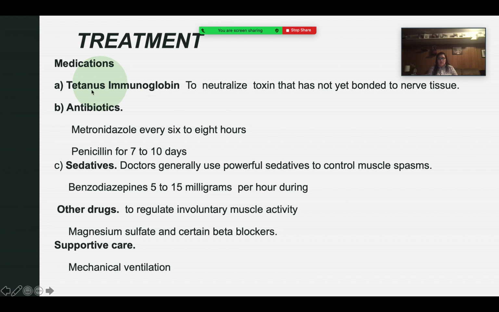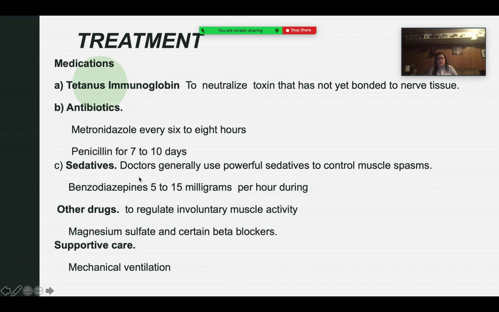The medication is going to be based on tetanus immunoglobulin, which is going to neutralize the toxin that has not yet bonded to the nerve tissue. The antibiotics are metronidazole every 6 to 8 hours, and penicillin for 7 to 10 days.